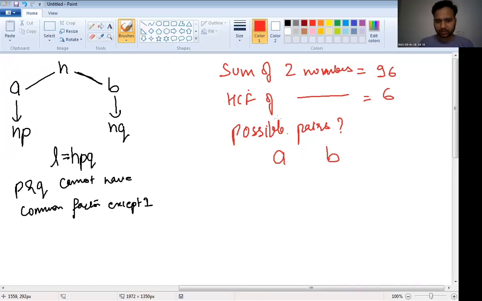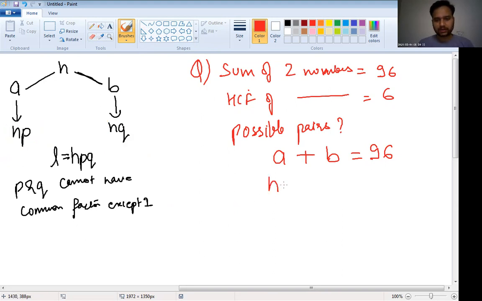So according to this question, A plus B is equal to 96. Right. And HCF of these two numbers is 6. Okay. So can I resolve A and B in HP and HQ? Obviously, we can.